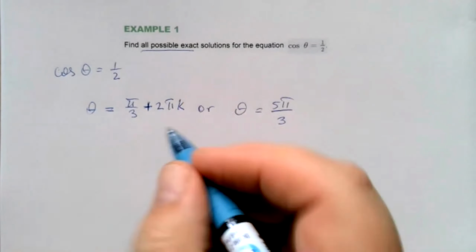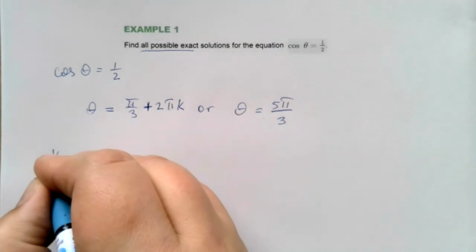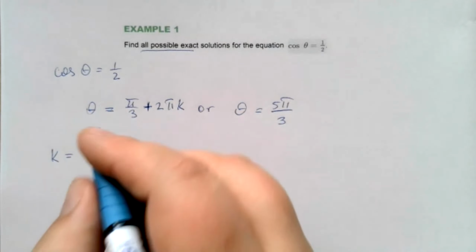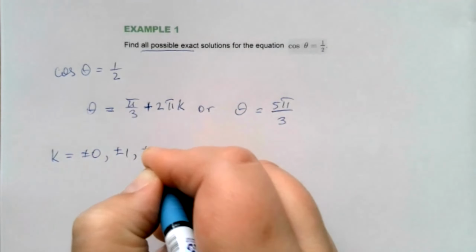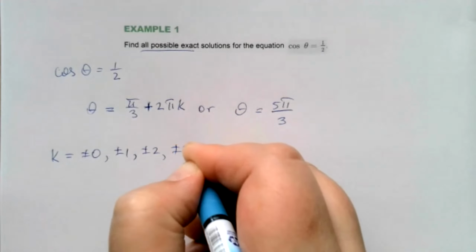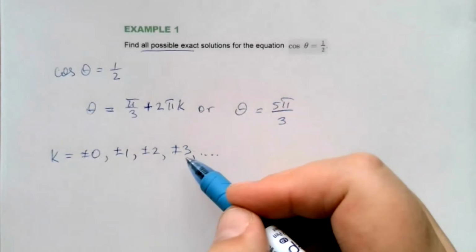So we're adding 2 pi multiplied by k, where k could be 0, 1, 2, 3, basically any whole number, right?